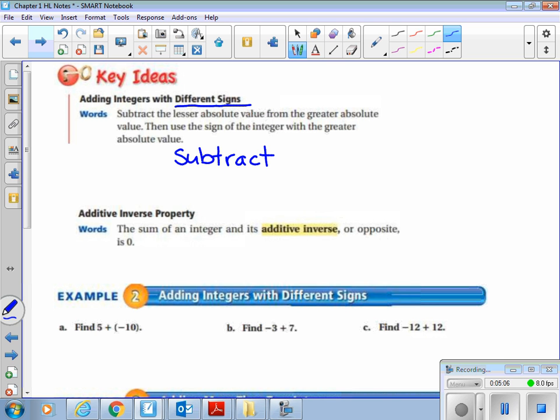And they say subtract the lesser absolute value from the greater absolute value. So ignoring the signs, just think of those numbers as you're going to subtract starting with the bigger number if you're ignoring the signs. Subtract the numbers and take the sign of the higher absolute value.